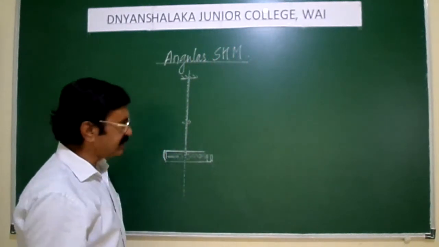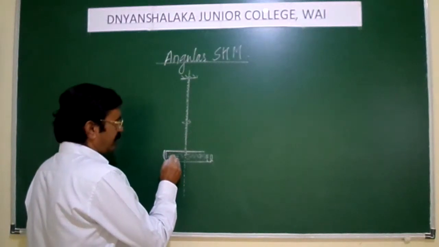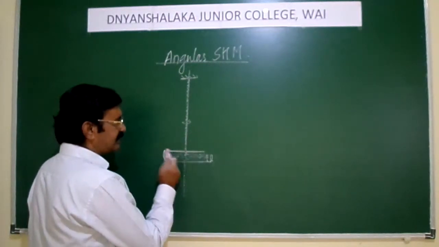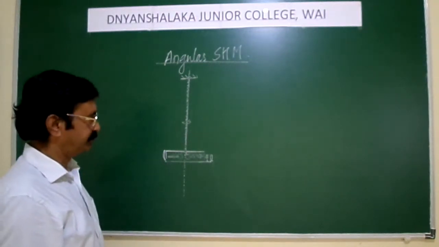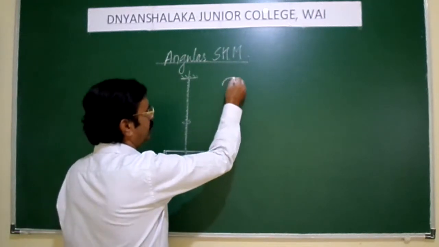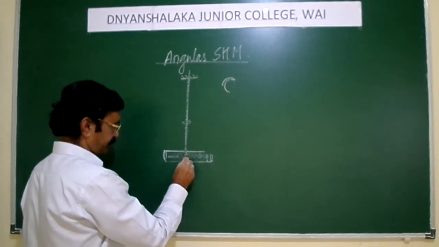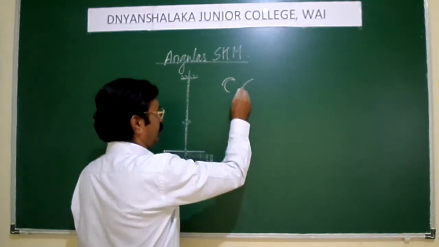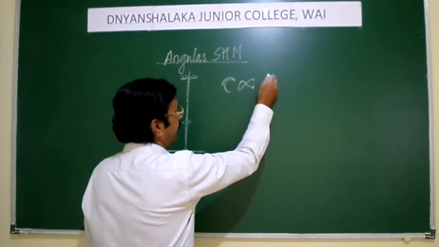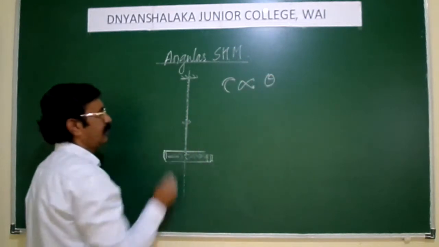Now in this case, when the disk is rotating, it experiences a torque tau. This torque is directly proportional to the twist in the string, theta.